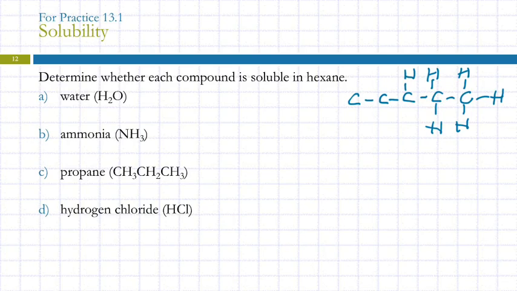Are the bonds in this compound polar or nonpolar? Nonpolar, because they're carbon and hydrogen. That's the one thing I told you to remember. So there's hexane. What kind of intermolecular forces does that have? Dispersion. Just dispersion forces.